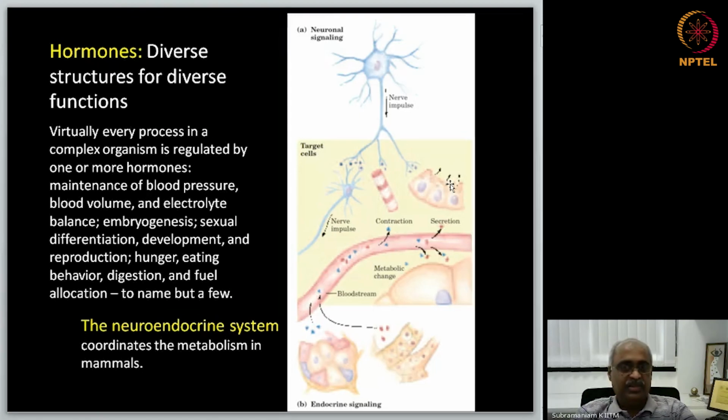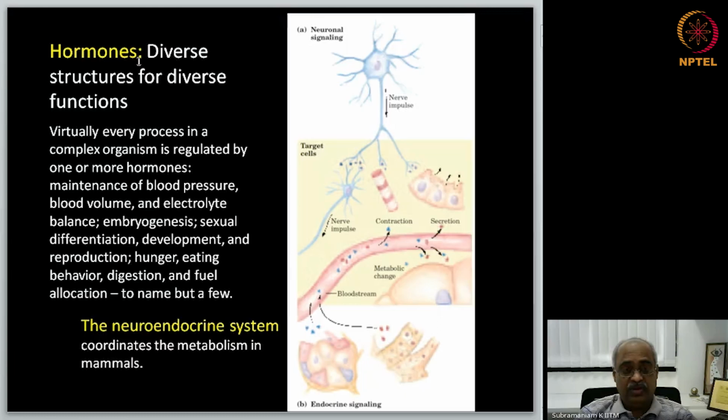So this is how neuronal signaling and endocrine signaling are connected and integrated. And in some cases, the signaling molecule may very well be the same. The molecule produced by an endocrine gland can also be a neurotransmitter. Some molecules function as both. So that is the neuroendocrine connection.